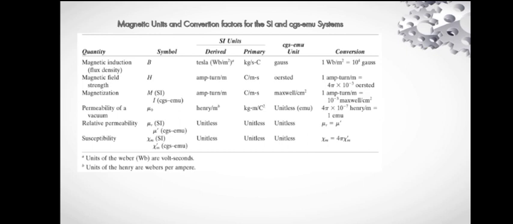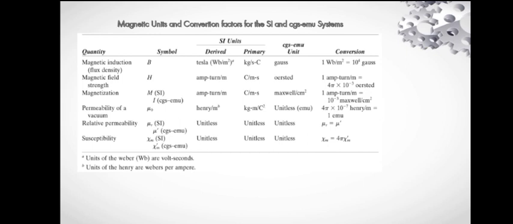Next is the magnetic field, which is denoted as H. Next is the magnetization, which is another field quantity denoted as M, in a solid that is defined by the expression.